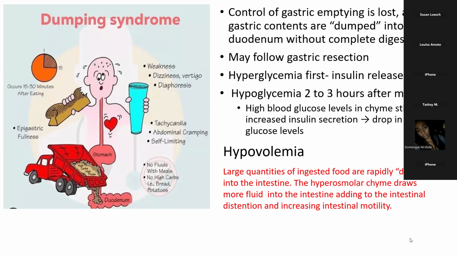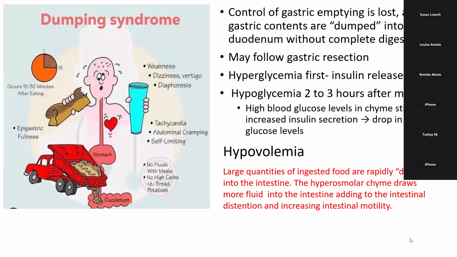Why? Because that chyme is very hyperosmolar here. And osmolality means what? Like more concentrated. Okay, or salty. Remember salty?